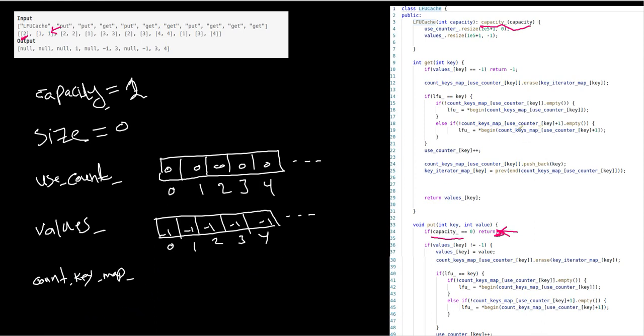Then we have the dictionary, sorry, the dictionary key iterator map, which initially is empty.